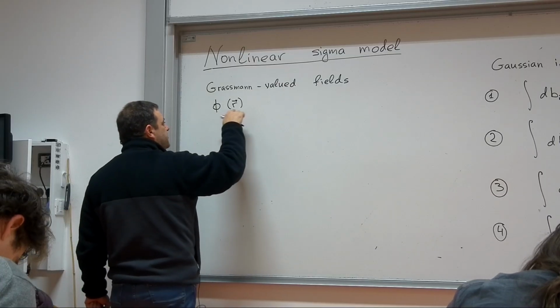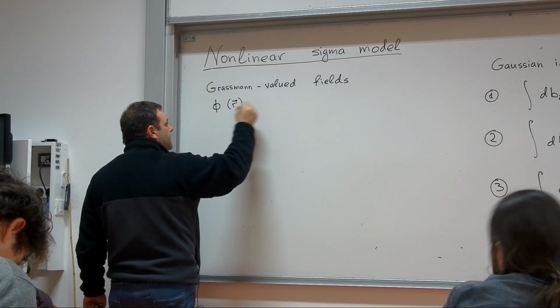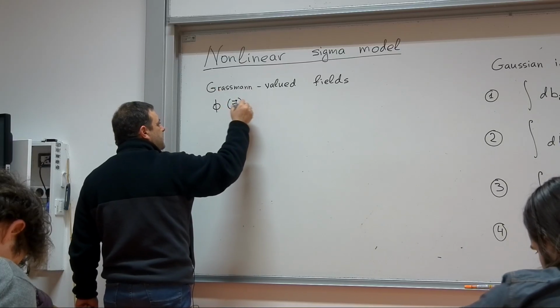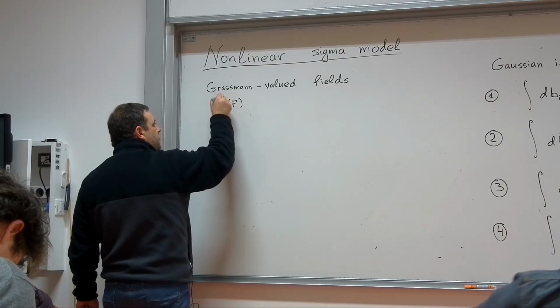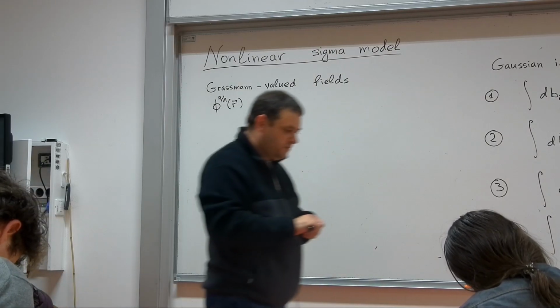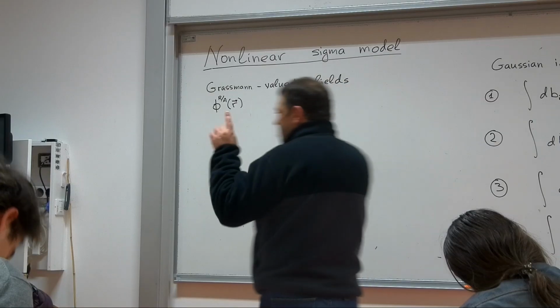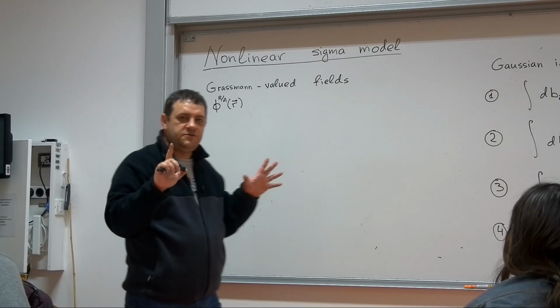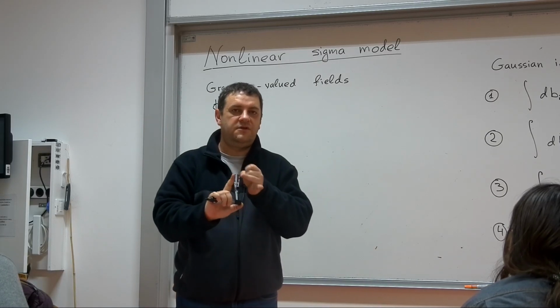And the fields will be phi with an extra index R or A. Two fields, one retarded, one advanced. And once again, there are field theories with fields that are real fields and complex fields.